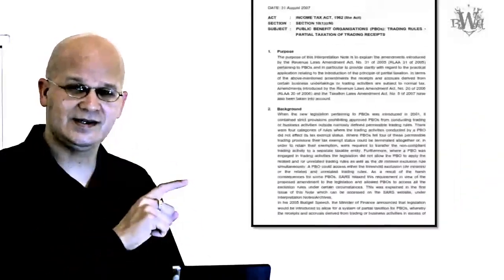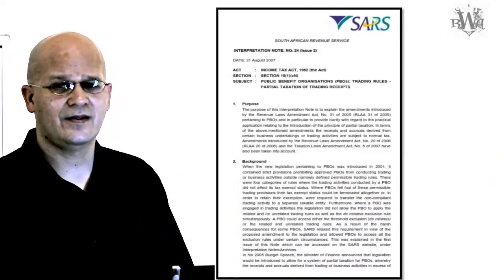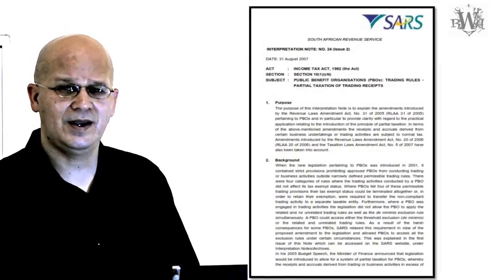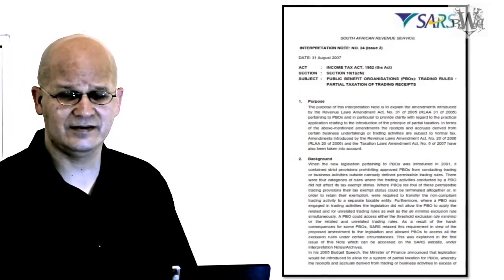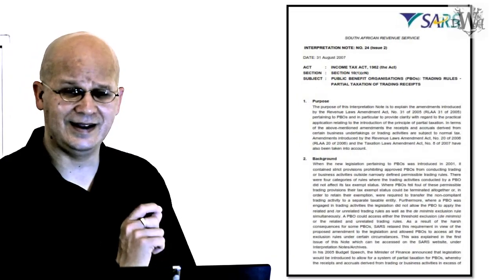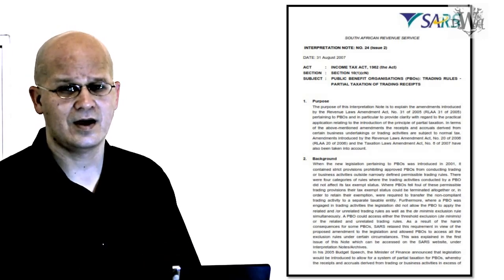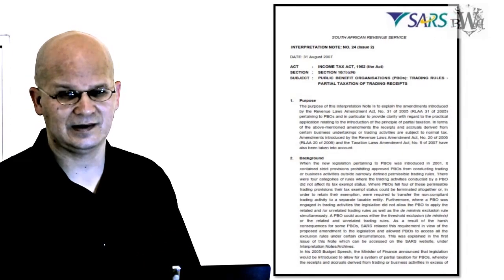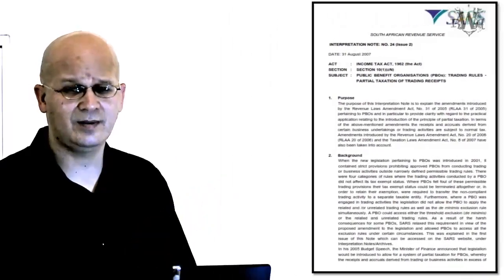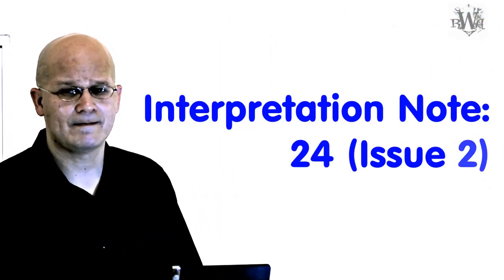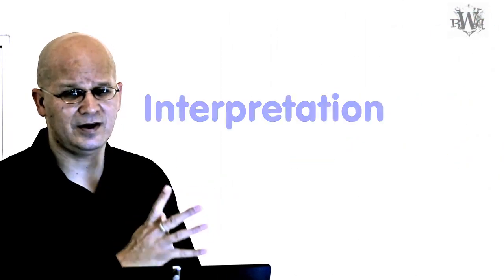We're not going to talk about that in much detail today, just to mention that there is an interpretation note that's been prepared by the South African Revenue Service, and it goes into detail on the whole issue of trading activities for public benefit organizations. It's available on their website, and there's a couple of examples in this particular note.